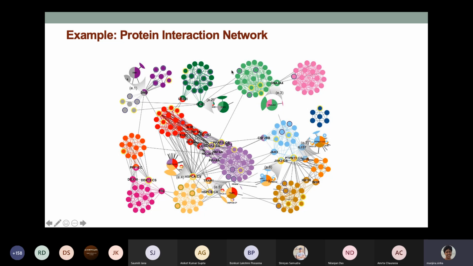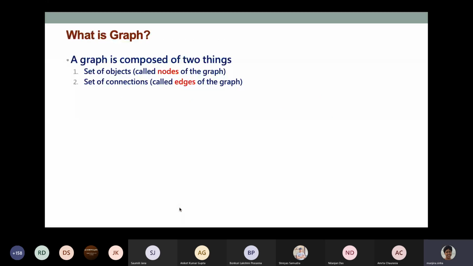So our job is to come up with a function that, based on the frequency of interaction or type of interaction or the weights of the interaction, can tell us: cluster this, this is a group, this is a group. This is the in-group interaction, this is outside-group interaction. For that, we first need to understand what a graph is.